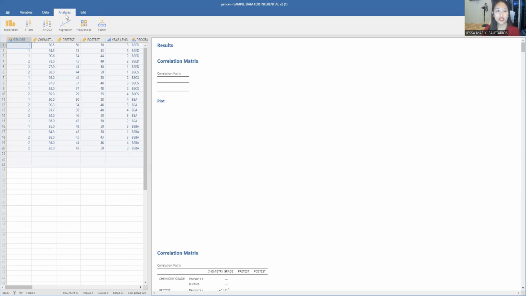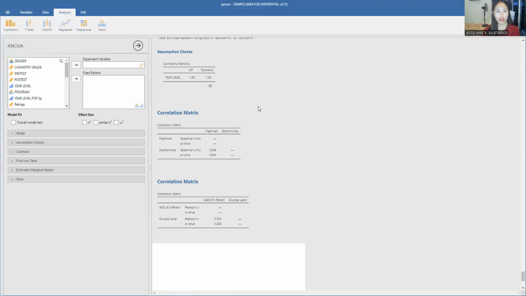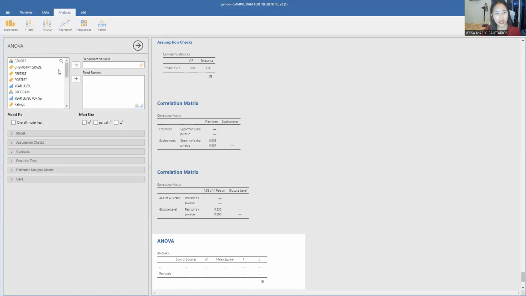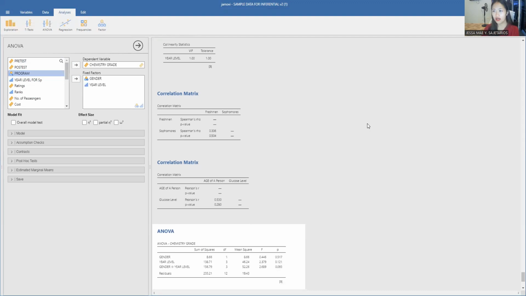So ganun pa rin, you're just gonna click the analysis tab, then click ANOVA, then the ANOVA. So in this case, yun pa rin yung data sample natin, yung chemistry grade as our dependent variable. And we'll have, let's say, gender and year level as our independent variables.